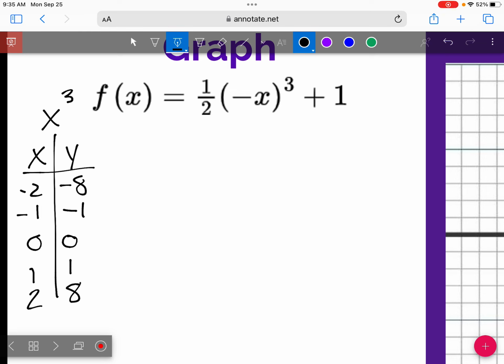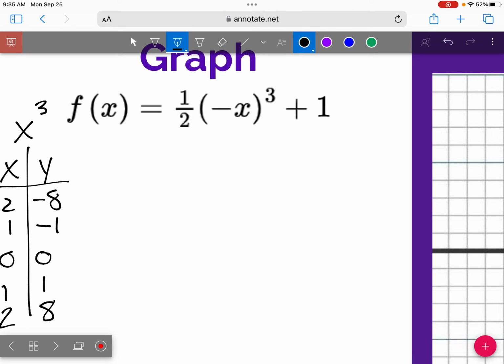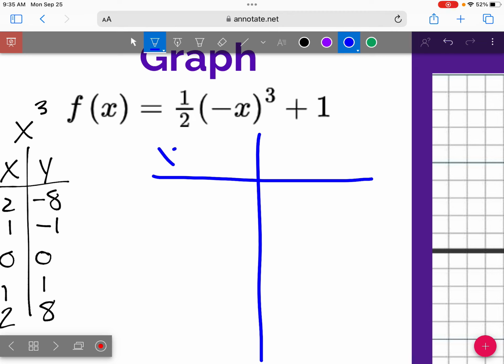Again, I think that is easier math to do in our head than having to figure out 1/2 times the opposite of x cubed plus 1. Like, that's a whole lot. X times b plus h, y times a plus k.